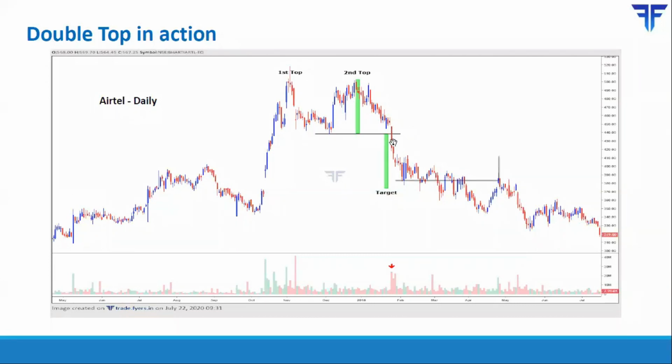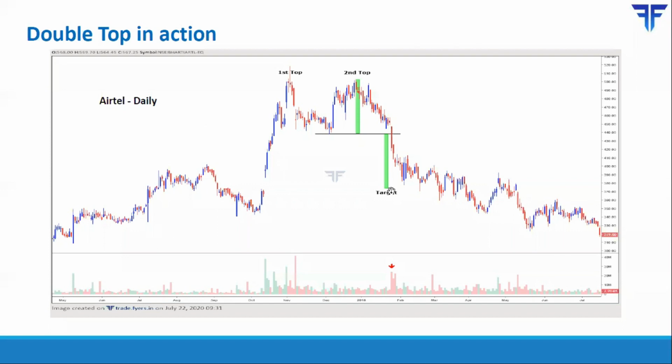Once the neckline is broken, you can calculate the price objective of this pattern by measuring the vertical distance between the top and the neckline and subtracting that from the neckline. So this was this green shadow over here. The low of that represents the minimum price objective of this pattern.